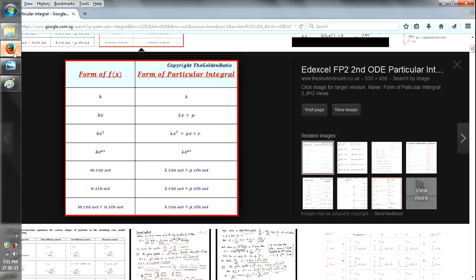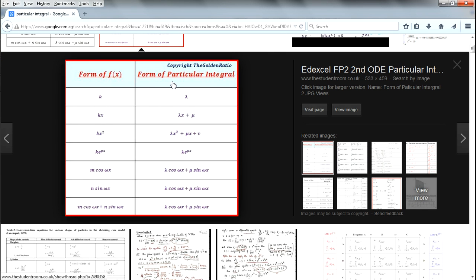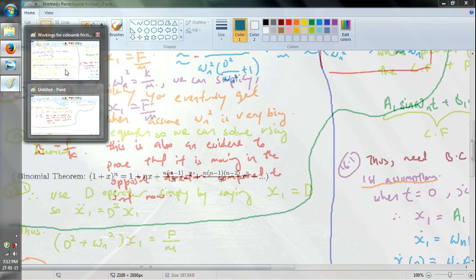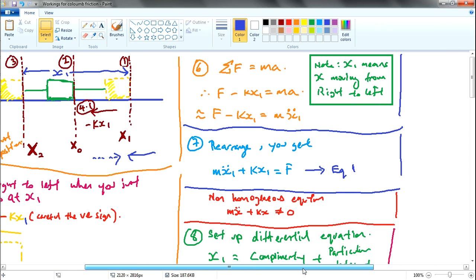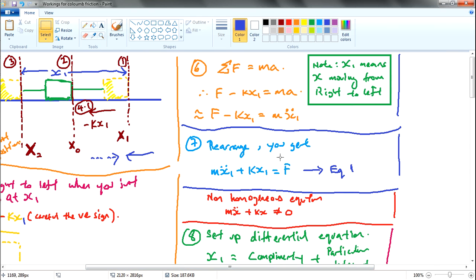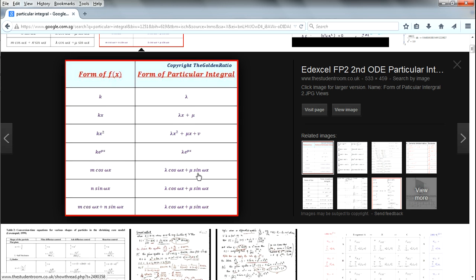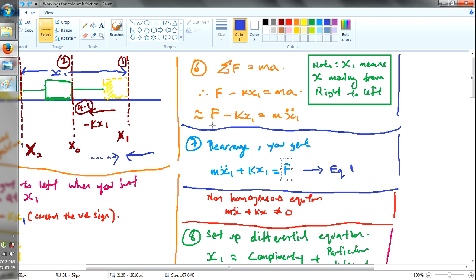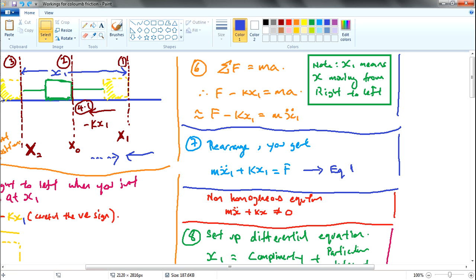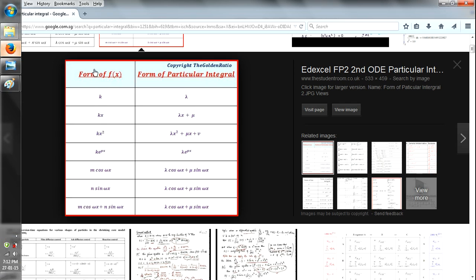If you still remember the trial function for the particular integral, when it's just any constant, you put in any constant. If it's non-homogeneous and this portion is like cosine, then you have to sub in cosine and sine, differentiate twice, sub back into the equation, and solve for the coefficients.